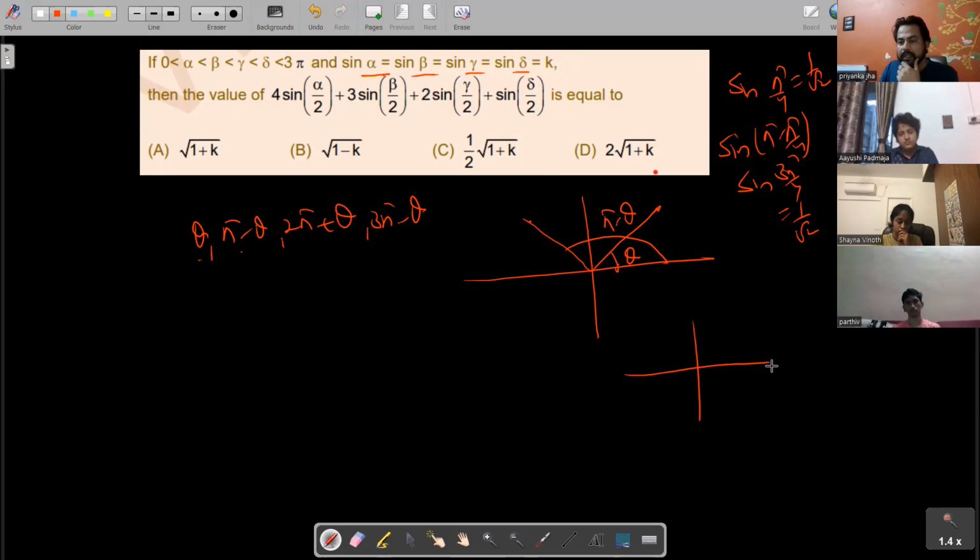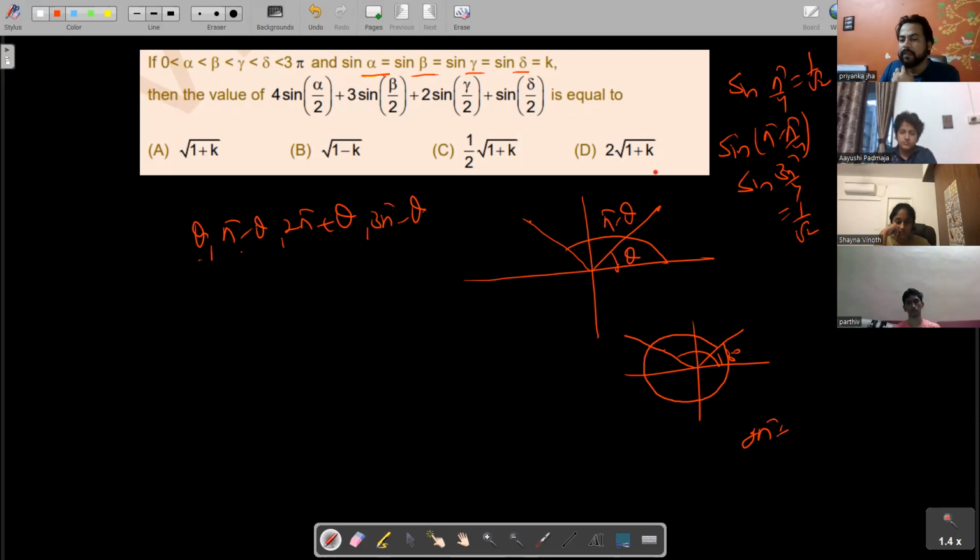See, suppose this is 30 degrees. So this angle should be pi minus theta, 150. Sine 30 and sine 150 both have the same value, half. And now rotate by 360, 2 pi. From here to here, you will again come to this place only.